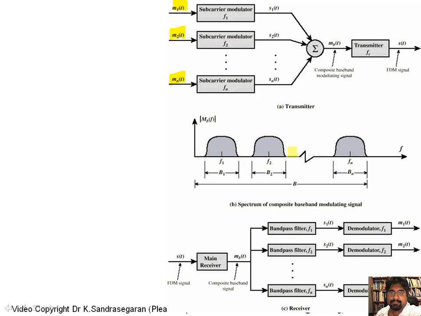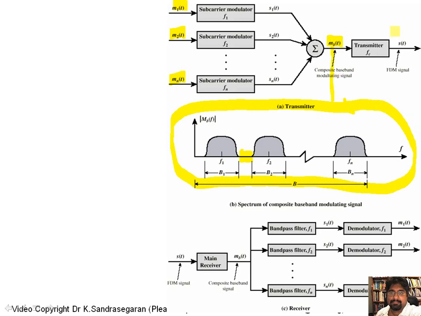So each of these bands are separated. There's guard bandwidth here, so that their spectrums do not overlap. And these signals are then combined together by the summer and transmitted as a composite signal. So the signal that is transmitted here is all of this. This entire signal is transmitted at that point there.